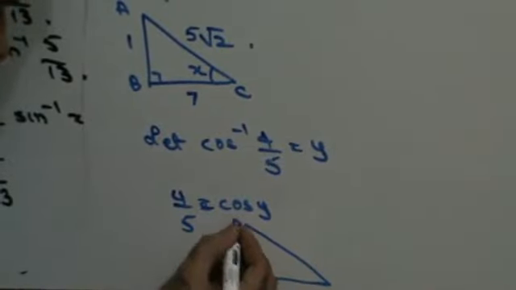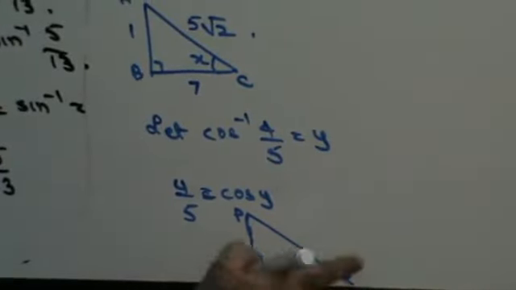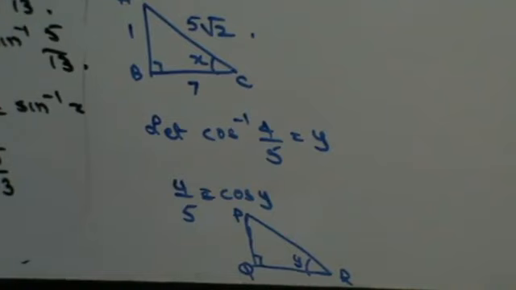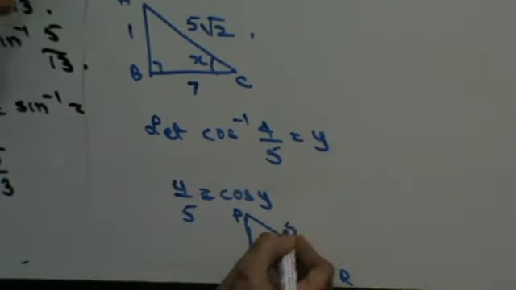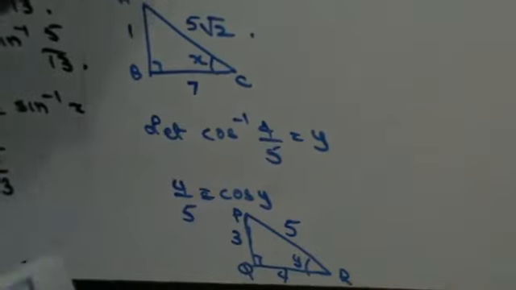Let's assume this is triangle PQR, and let's assume that angle y is equal to angle R, which is y. Now cos is adjacent upon hypotenuse. If I apply Pythagoras theorem, side PQ will be equal to 3. Now let's see the answer, people.